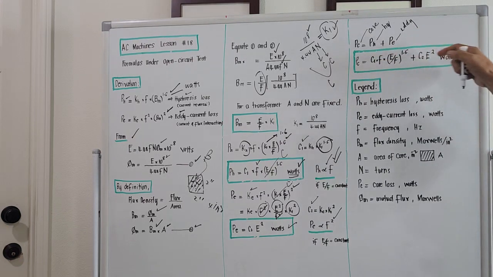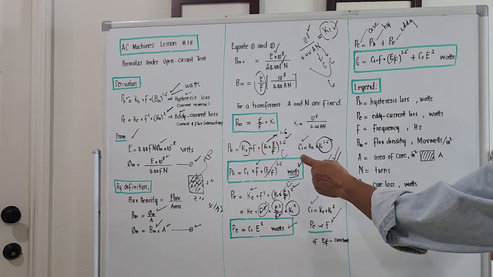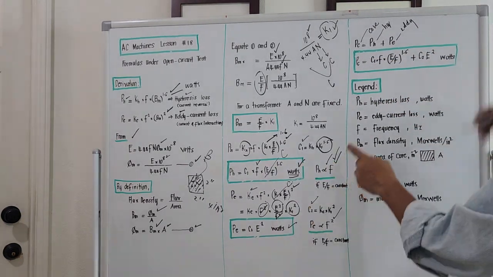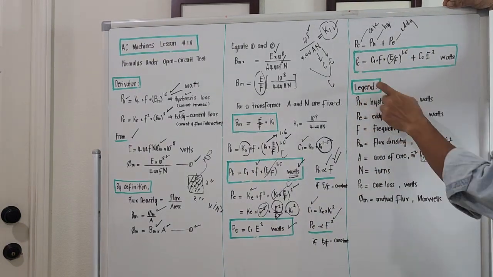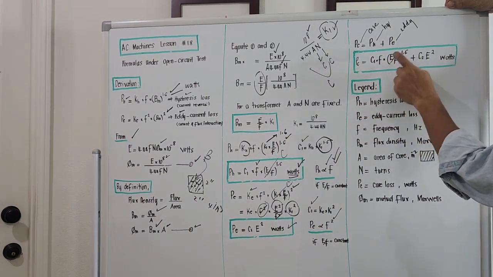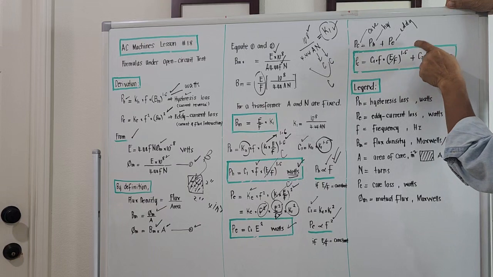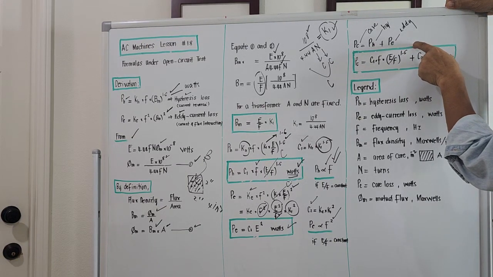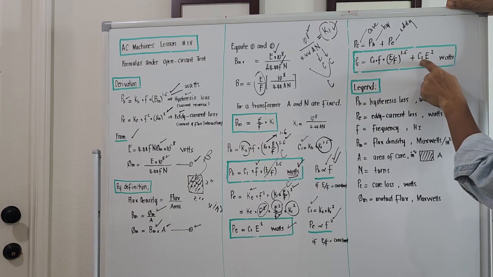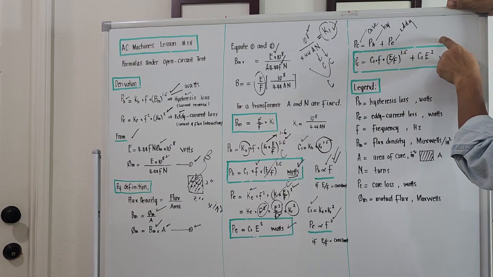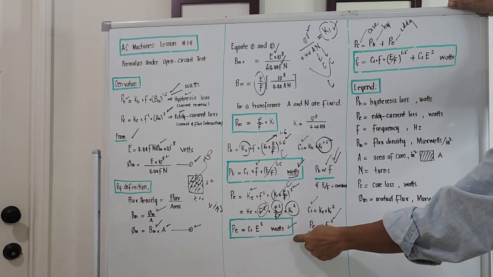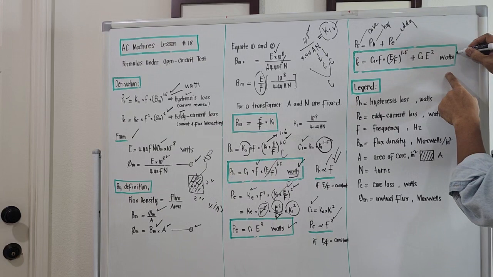So the total core loss now will be C1 times frequency times the ratio E over F raised to 1.6. That's the hysteresis loss. Plus C2 times the square of the voltage. That is for the eddy current loss. And the unit is watts.